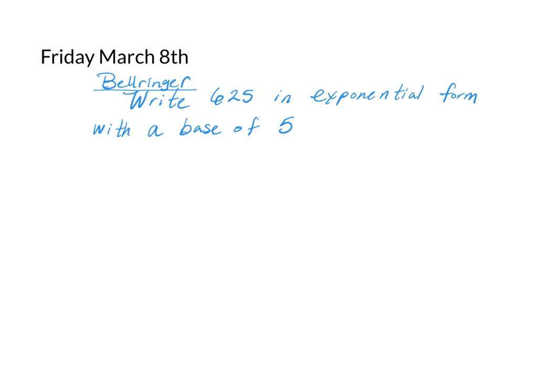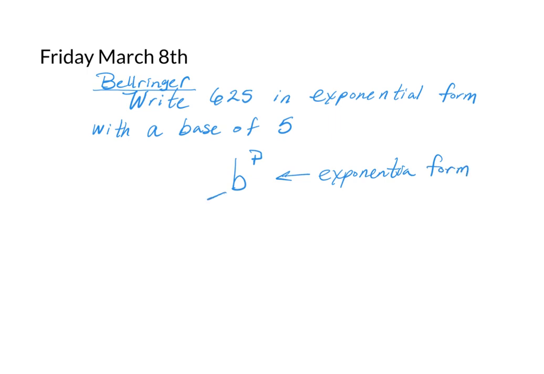The first thing that we need to understand is what is exponential form. If you have a number b with the power p, this number is exponential form. B is what we refer to as the base.